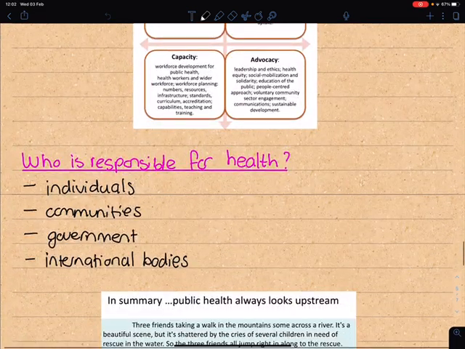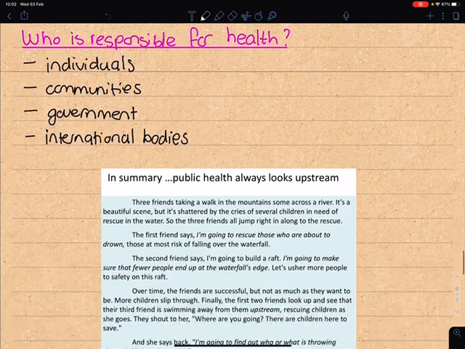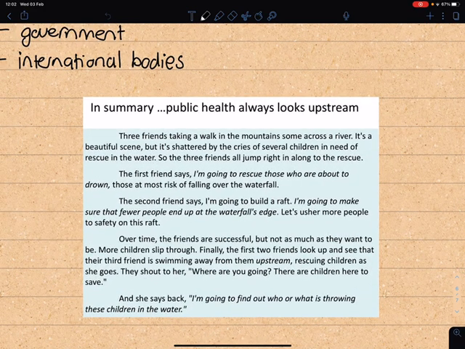So who is responsible for health? It's multidisciplinary, so it's individuals, communities, governments, and international bodies such as the World Health Organization, etc. And also the last passage, just to emphasize how public health or population health always looks upstream.